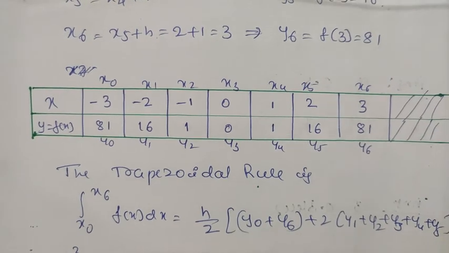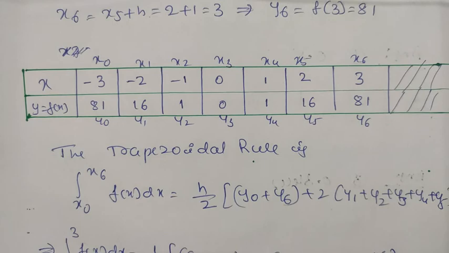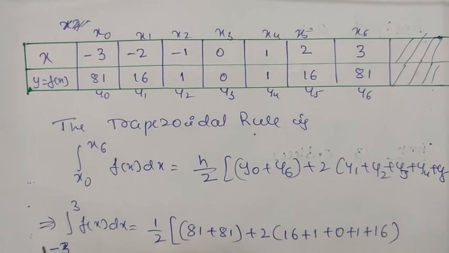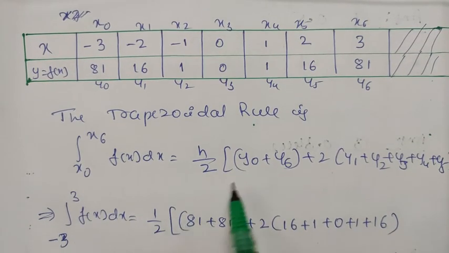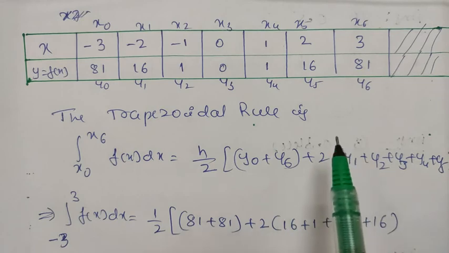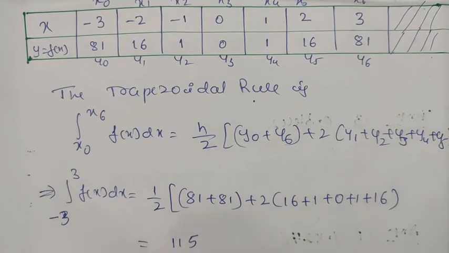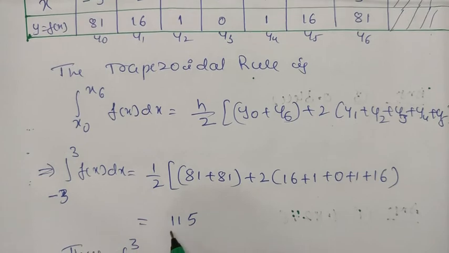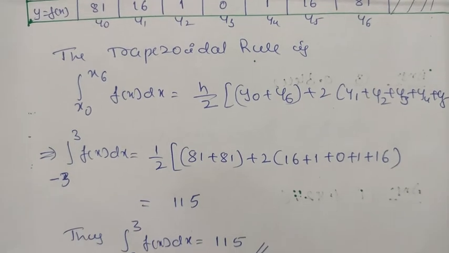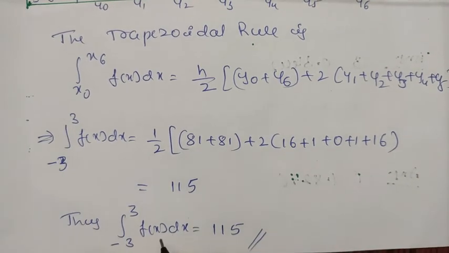Substitute all the values in this: integration from minus 3 to plus 3 of f of x dx is equal to 1 by 2 into y0 is 81 and y6 is also 81, plus 2 times the remaining values, 16 plus 1 plus 0 plus 1 plus 16. Simplify this using a calculator, and it becomes 115. So hence integration from minus 3 to plus 3 of f of x dx is equal to 115.